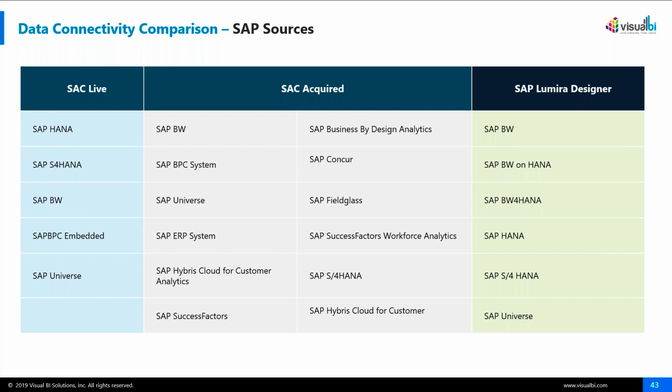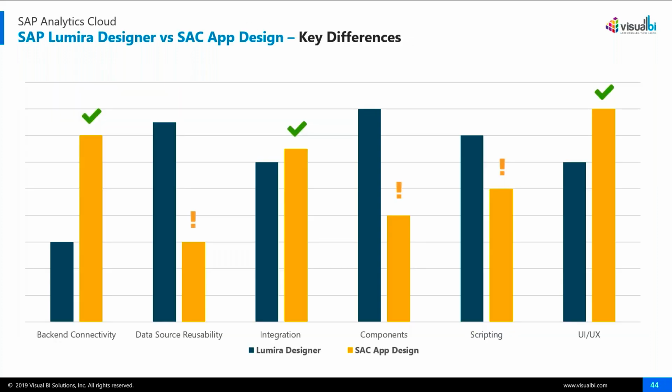Next, I'm going to give you a few major points and compare both SAP Lumira Designer and SAC App Design. Like we already spoke about backend connectivity, the winner is SAC App Design right now because of the various connectivity options.